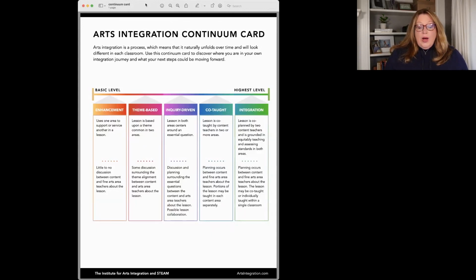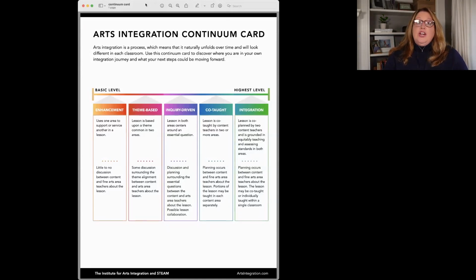And so what happened was that as I worked with more schools, more teachers, more districts, as the Institute grew, and I started to really dig into the research of this work, what I discovered was that arts integration really lives on a continuum. It is not a ladder because one is not better than the other. I used to call it a ladder.